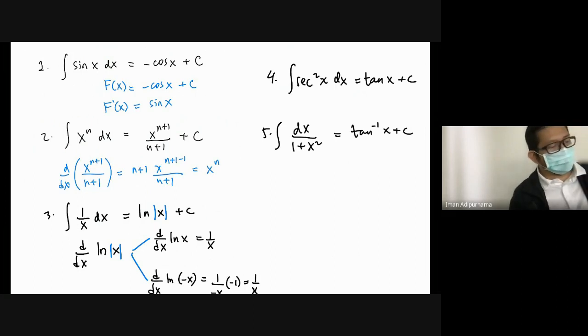I think from the table before, I will just mention this 5 that is, I think, crucial. I think also E, but I think E is easy to follow, right? E, you already know, if you derive it's still E, if you integrate it's still E with power of x, right?